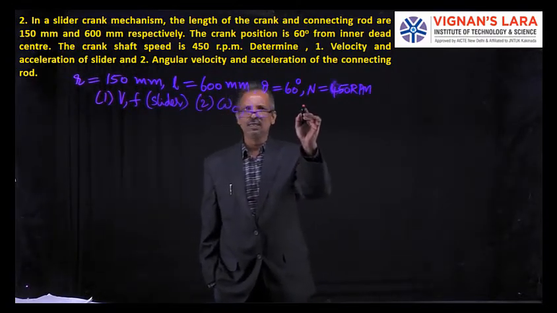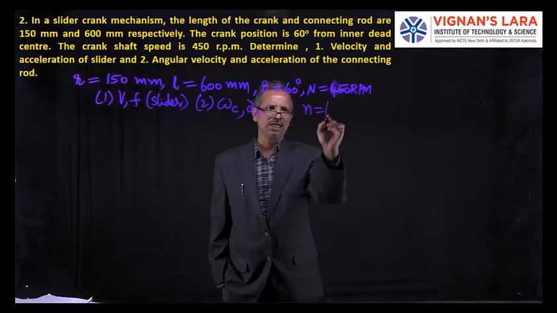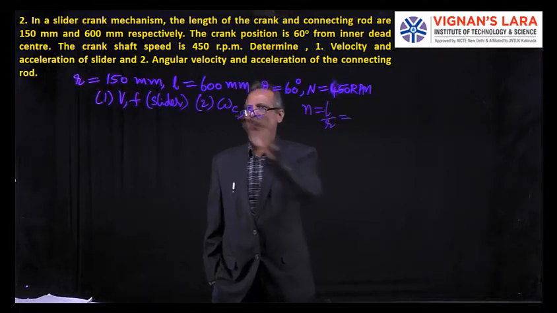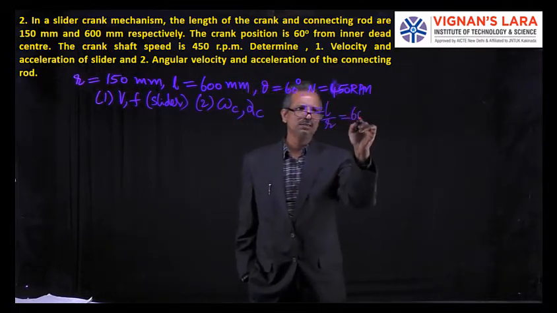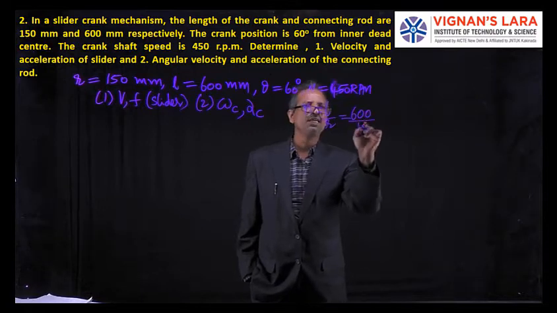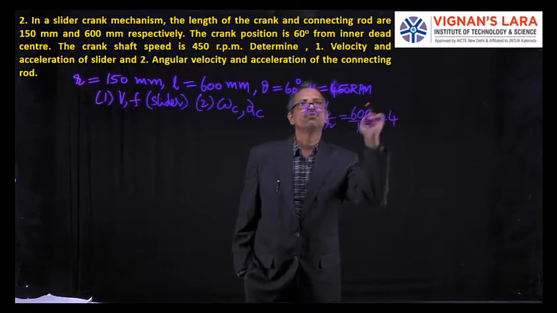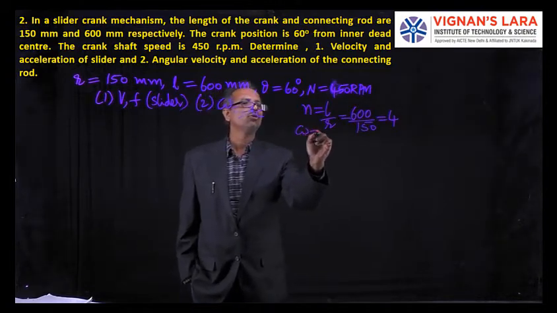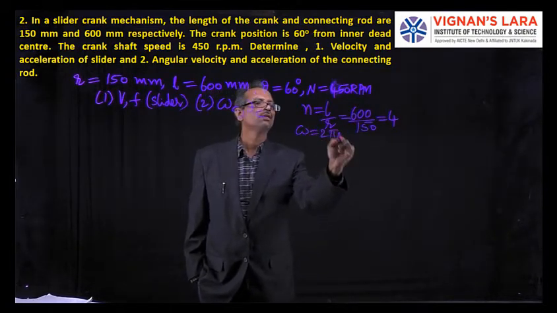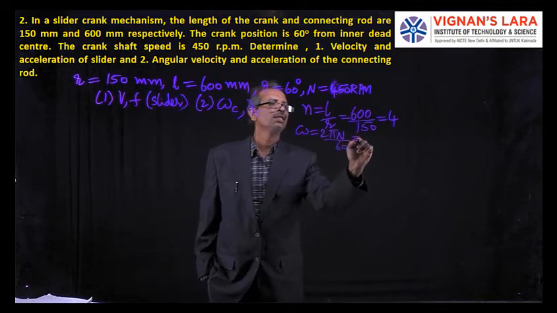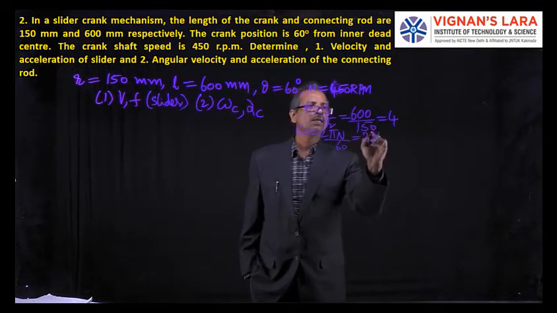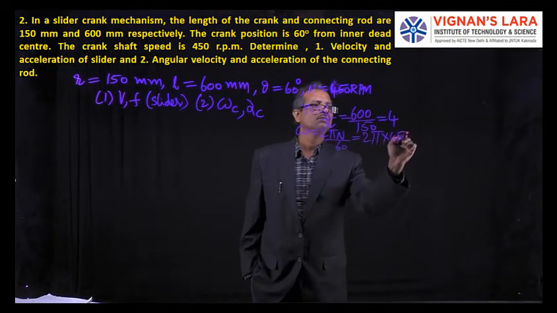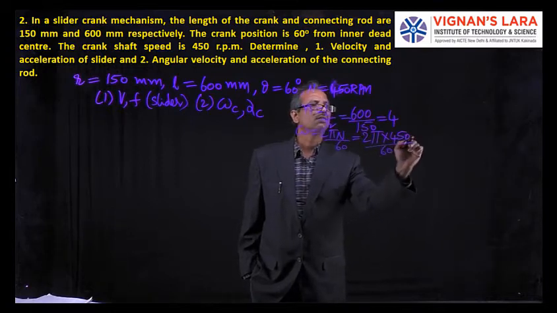Let us see. We know n is equal to L by R, where L is equal to 600, R is 150, so this is 4. Then omega is 2 pi n by 60, that is 2 pi into 450 by 60.